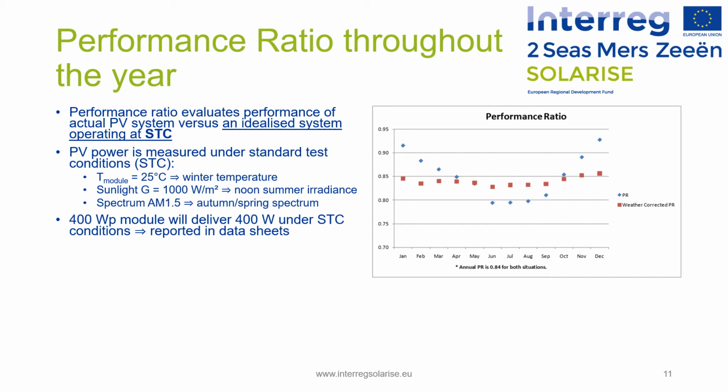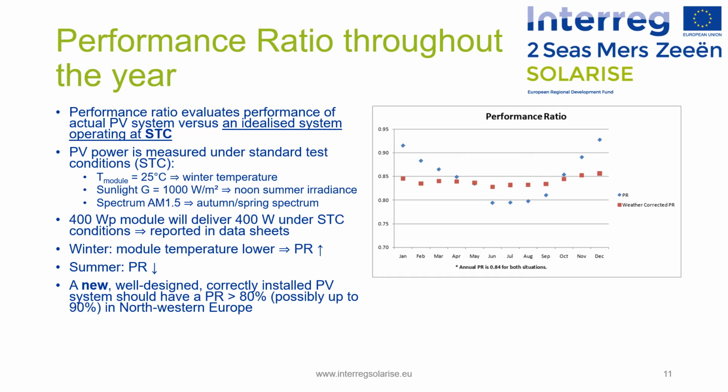With this, a 400 watt peak module will deliver 400 watts under STC conditions, and that is what is reported in datasheets. As we saw before, if you have less sunlight falling on your modules, you will also have less power from those modules. And also, as we saw before, if your module temperature is lower, as in winter, the performance ratio will be higher, and in summer, the performance ratio will be lower.